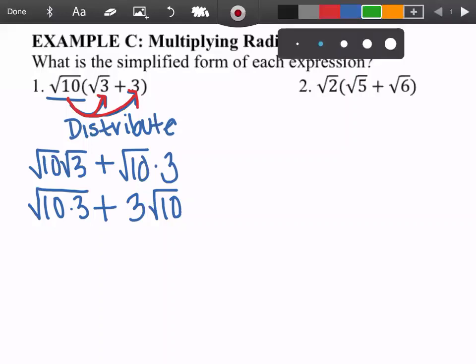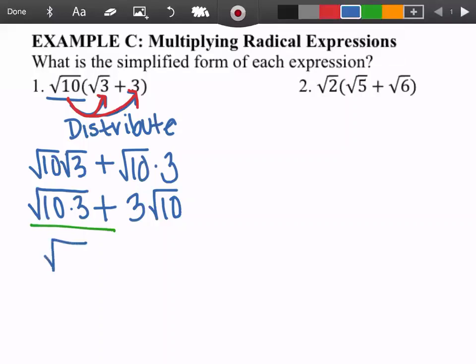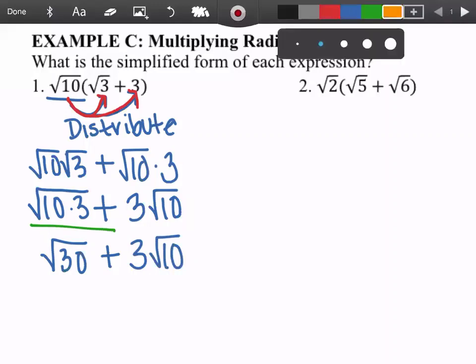So now you're looking at the square root of 10 times 3. We're looking at this first one, which we can simplify down to the square root of 30 plus 3 square root of 10. You have to double check and look at both 30 and 10.